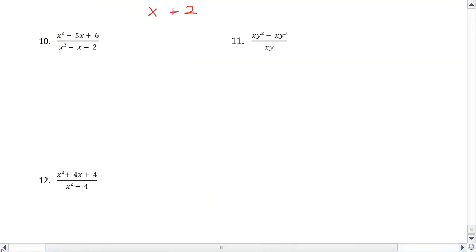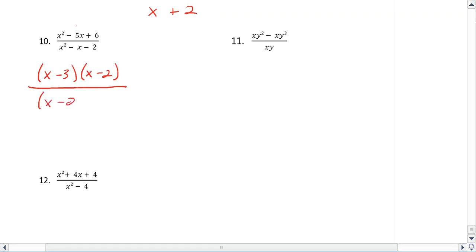These last 3 examples definitely fall under the category of factor first and then cancel. So the numerator here, ask yourself what multiplies to positive 6 but adds to negative 5, and that would be x minus 3, x minus 2. In the denominator, ask yourself what multiplies to negative 2 and adds to a negative 1.